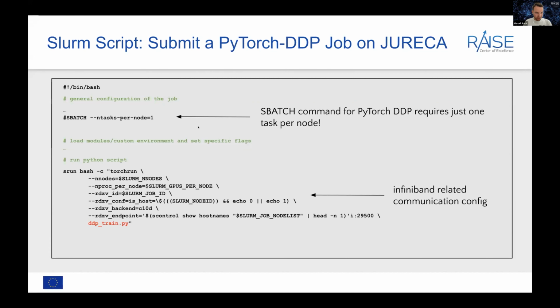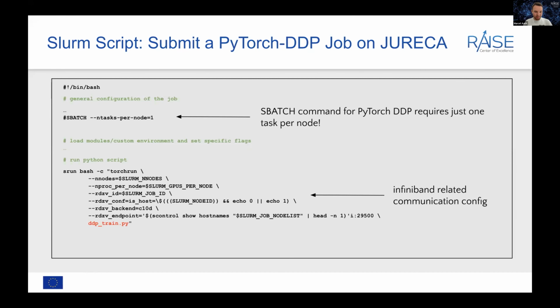So you see that we're using the torchrun command, and here again we need to specify the number of nodes and the number of processes per node. At this point is where we set those numbers to 4. And then we need some InfiniBand related configuration so that things run on the InfiniBand communication framework, which we have installed on the Eureka machine.